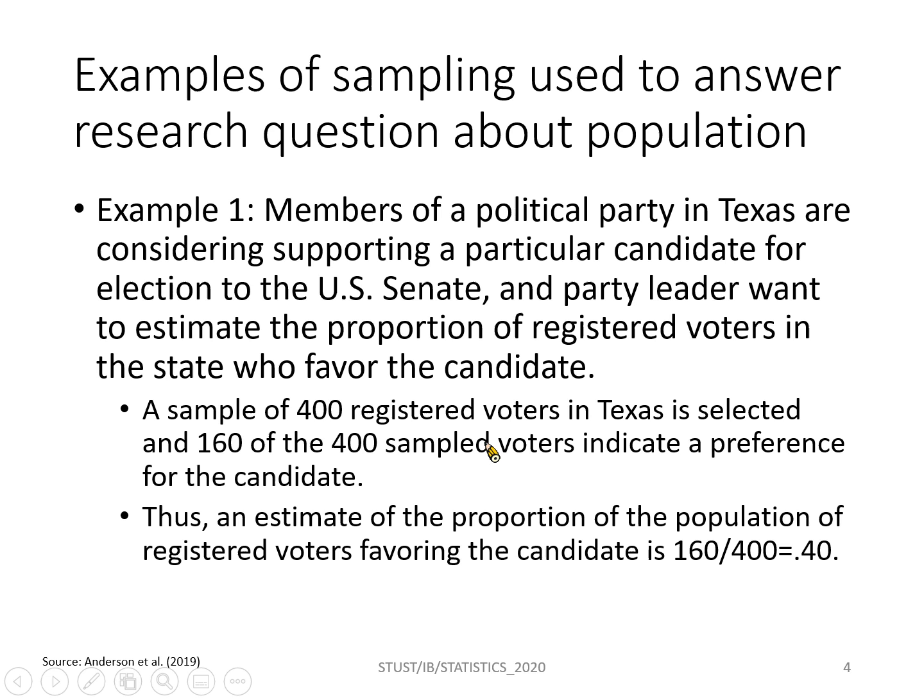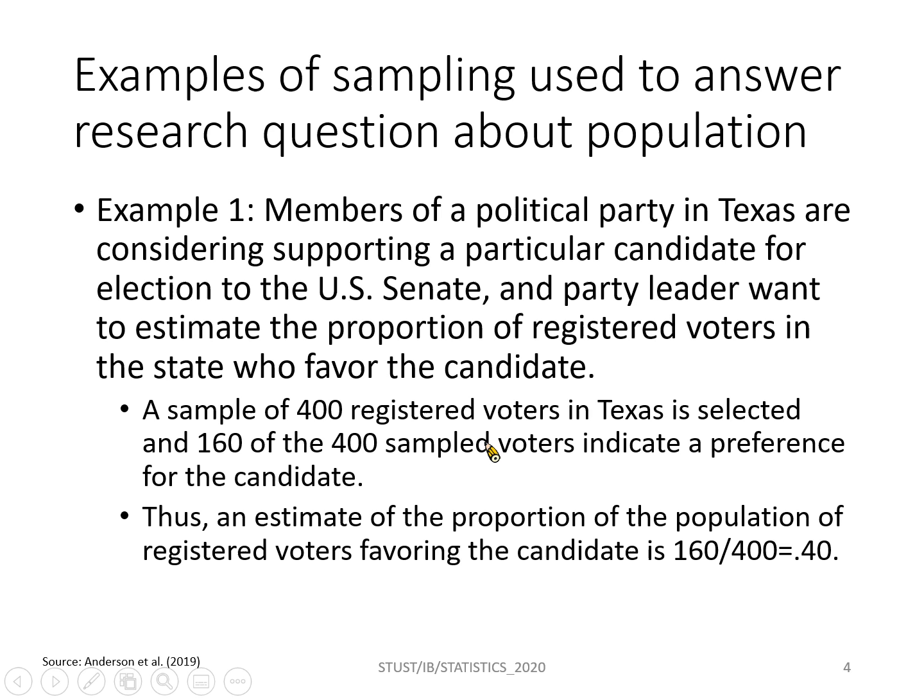So a sample of 400 registered voters in Texas is selected, and 160 of the sample voters indicate a preference for the candidate. So it's an estimate of the proportion of the population of registered voters favoring the candidate.